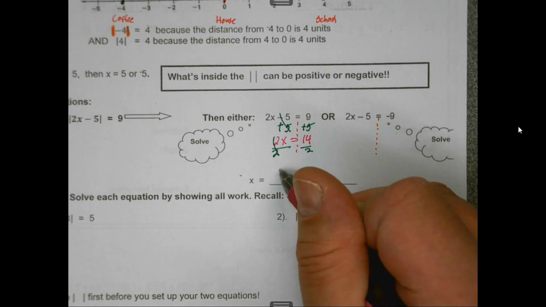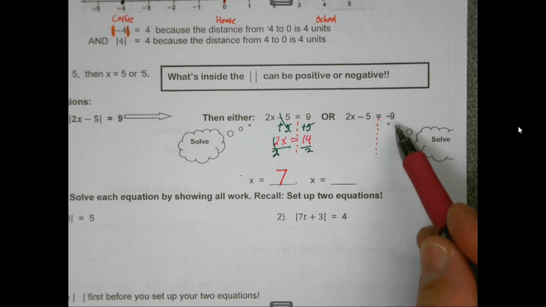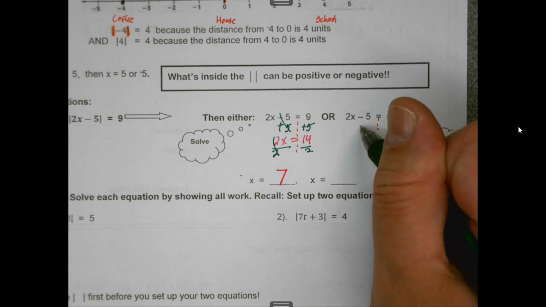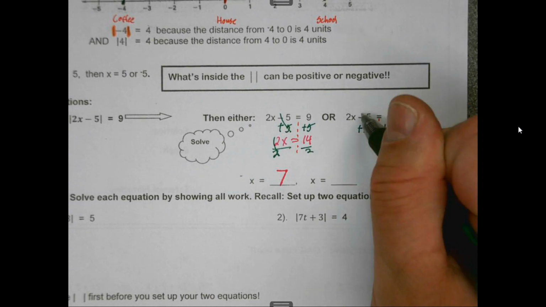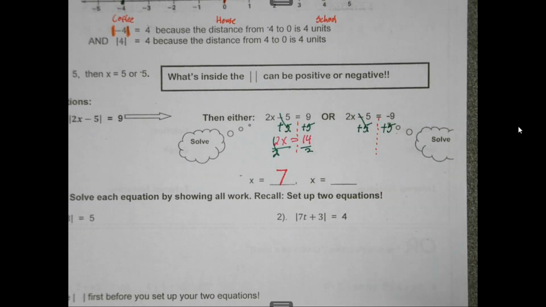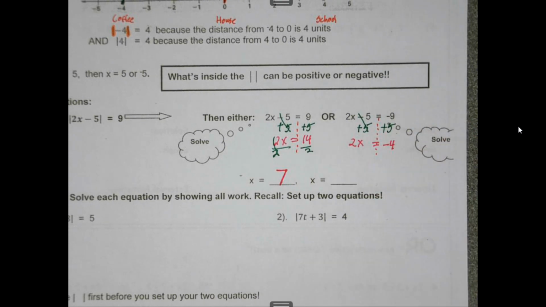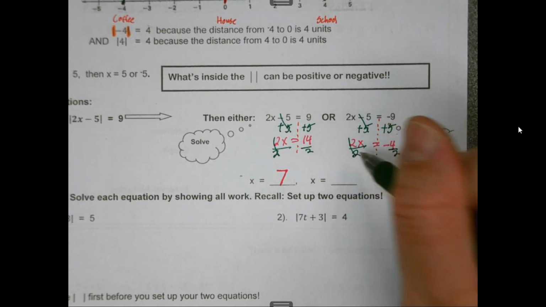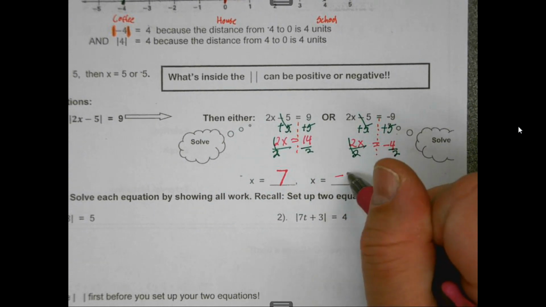I'm not sure yet. Let's go ahead and solve this. Plus 5, plus 5. I get 2x equals -9 plus 5, -4. Divide by 2. This time I get x equals negative 2. So got two different answers.